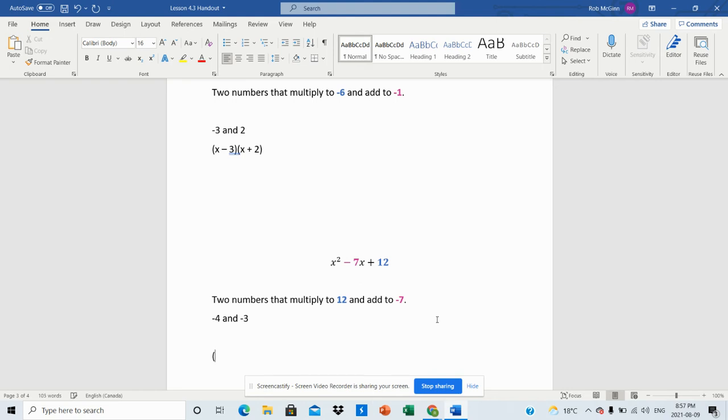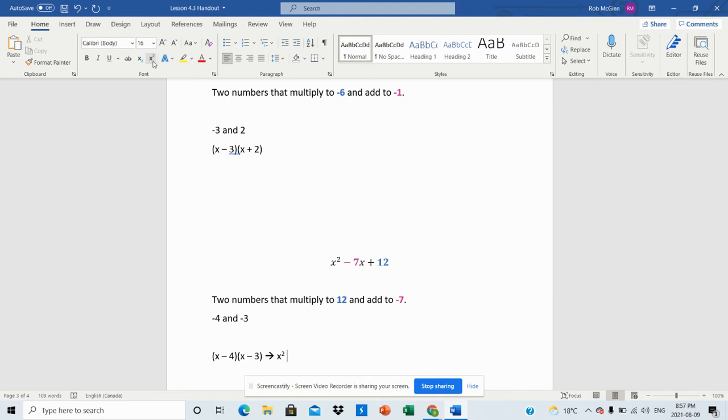So just put those into our binomials. X minus 4 times x minus 3. And once again, if we're unsure, we could always expand this. I'll do it the full way this time. X times x is going to give us x squared.